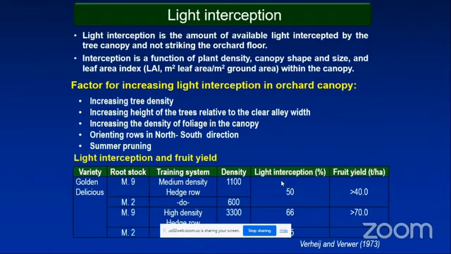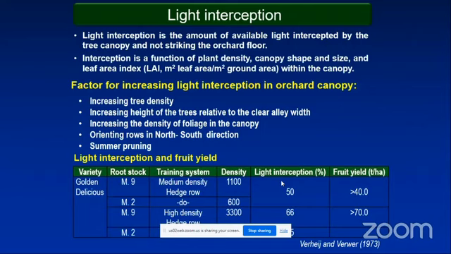Factors for increasing light interception in the orchard canopy are very important: increasing tree density, increasing the height of the trees relative to the alley, and increasing the density of foliage in the canopy.